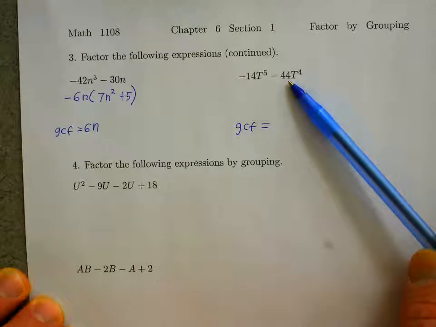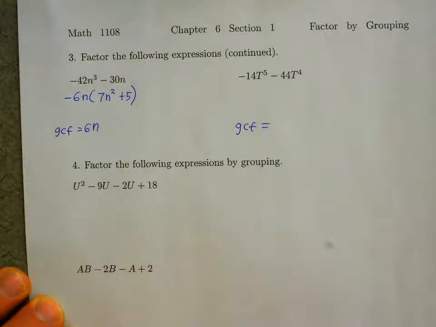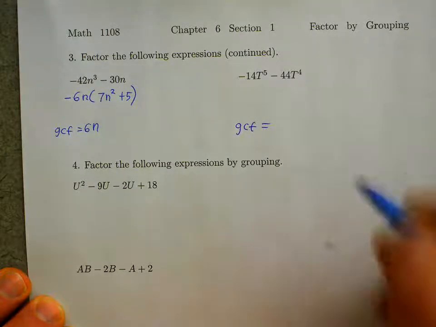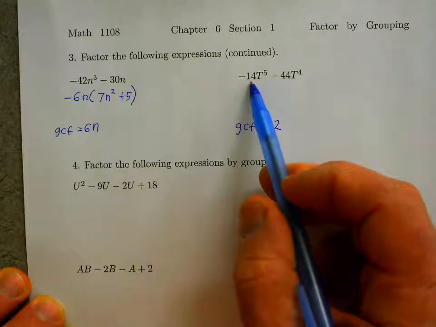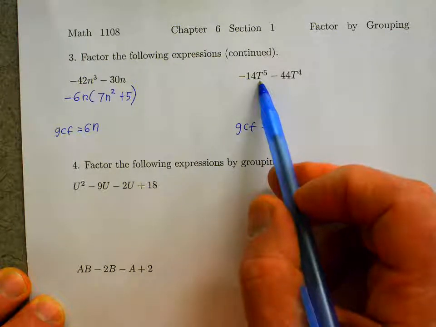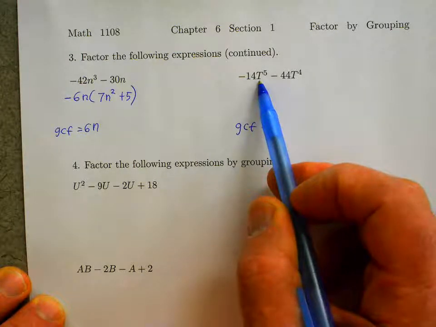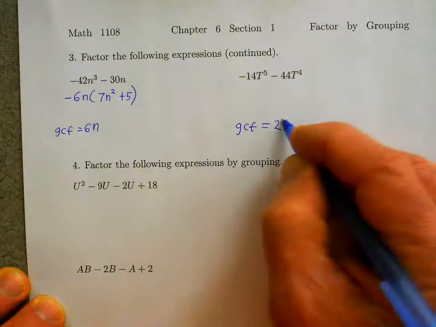The positive integer factors of 44 are 1, 2, 4, 11, 22, and 44. So the greatest common factor for the numerical factors is 2. And then the greatest common factor of t to the 5th and t to the 4th is t to the 4th.